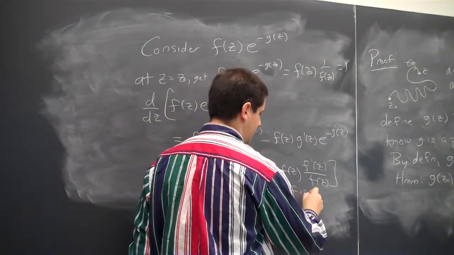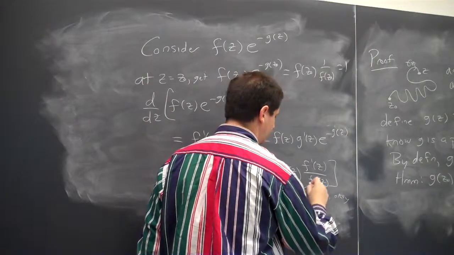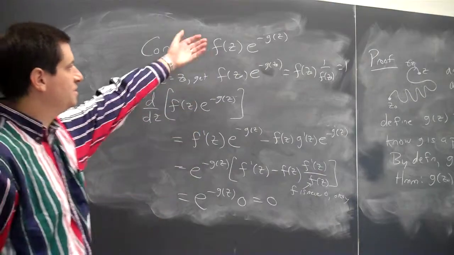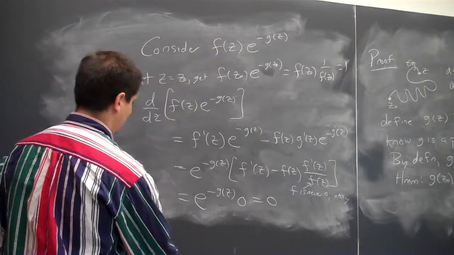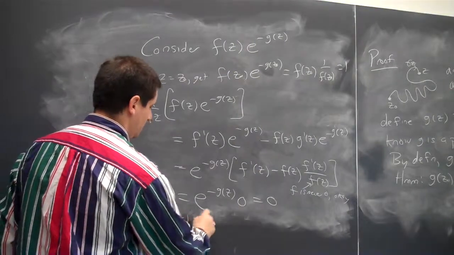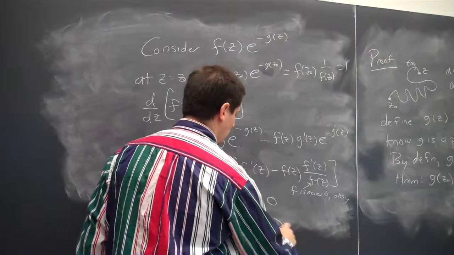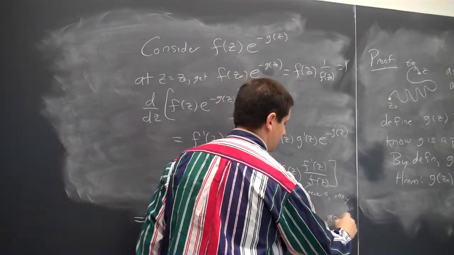So f is never 0, so we're okay. And that's the proof. We now know that this is a constant. The constant equals 1. Therefore, f of z e to the negative g of z is identically 1, which implies f of z is e to the g of z.